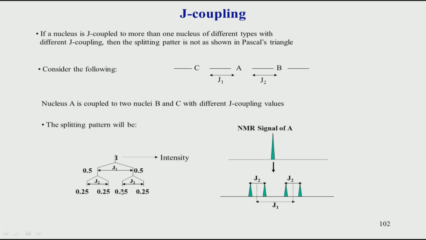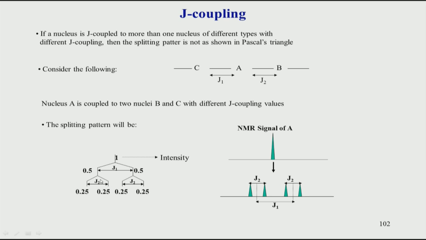The main point here is these two central lines. In the earlier slide we saw that they collapse, combine and become 0.5, but here they remain separate, and the reason they remain separate is that the J1 and J2 values are not the same. If J1 and J2 were the same, these two lines would have come close to each other and actually come at the same position, and combined into one.